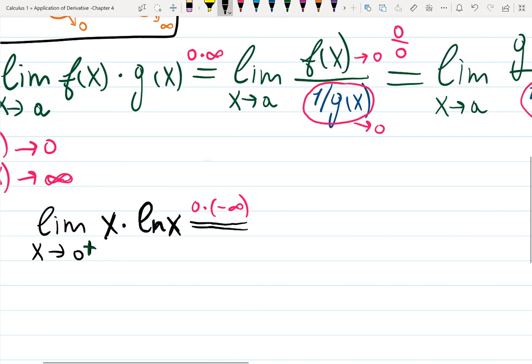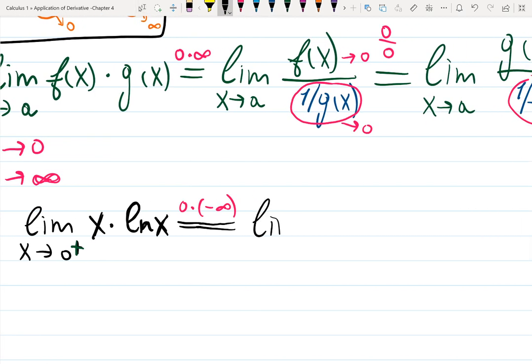And we're going to follow the suggestion to create a quotient from the product in order to use L'Hopital's rule. Now it's up to you to choose. Do you want to have a quotient with x at the top or log at the top? You will see the answer will be the same. The standard recommendation is to put natural log at the top, because if you put natural log at the bottom, it will be 1 over natural log.